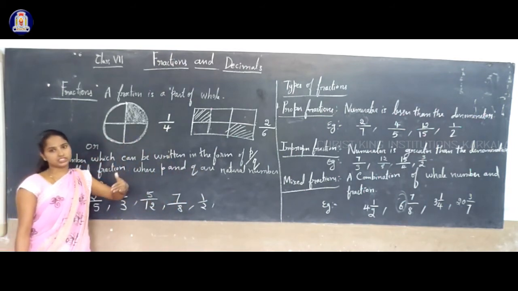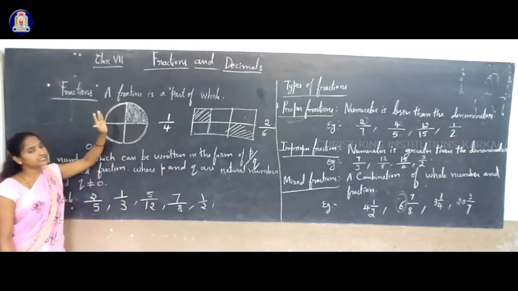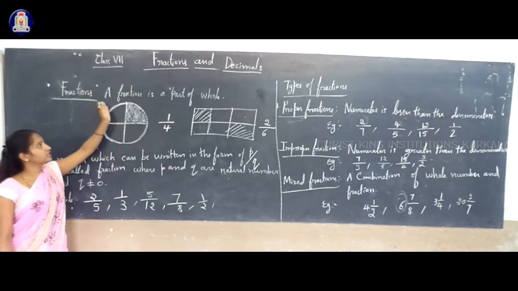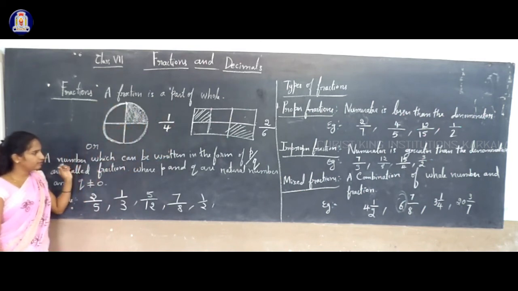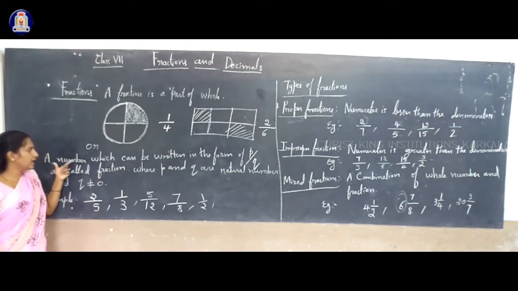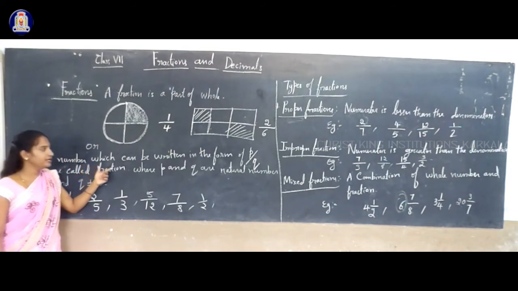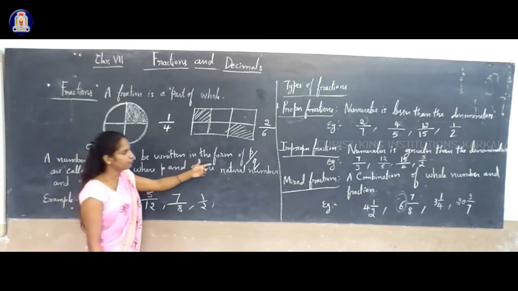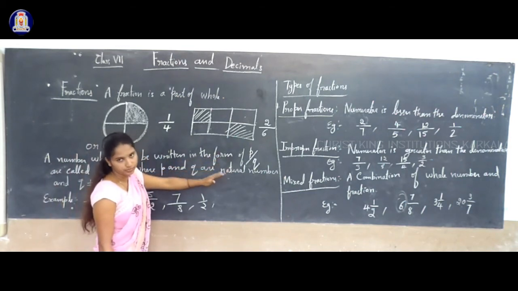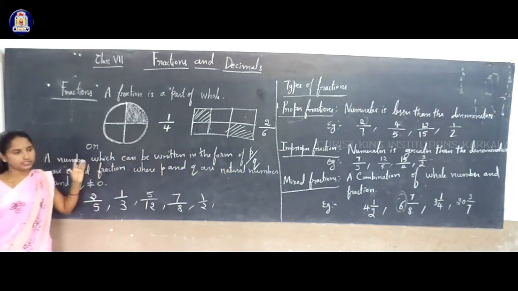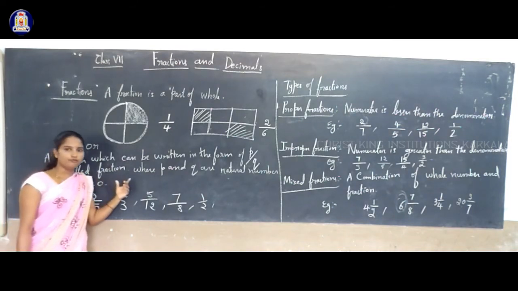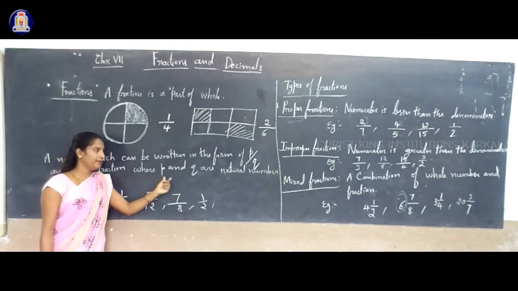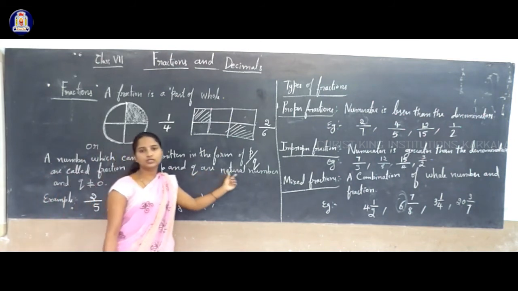What is a fraction? First you must know what a fraction is. A fraction is a part of a whole. Clear? So if you want, you can write one more definition: a number which can be written in the form of P by Q is called a fraction, where P and Q are natural numbers.